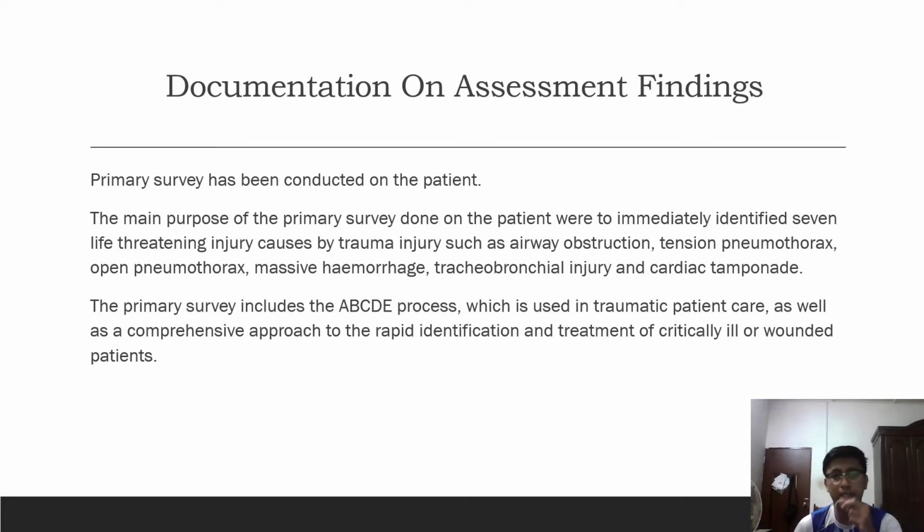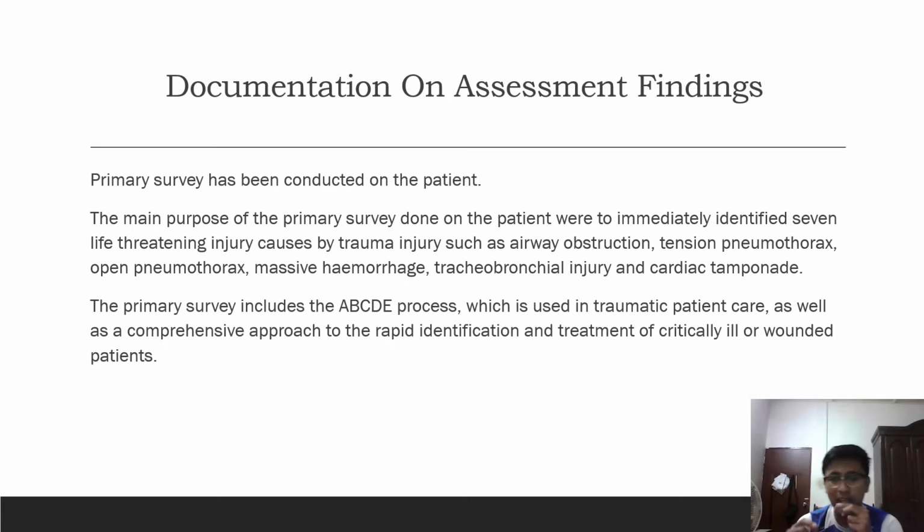Okay, the next part is documentation on assessment findings. Primary survey has been conducted on the patient. The main purpose of the primary survey done on the patient was to immediately identify 7 life-threatening injuries caused by trauma. There is a mnemonic in medicine, ATOM TC.